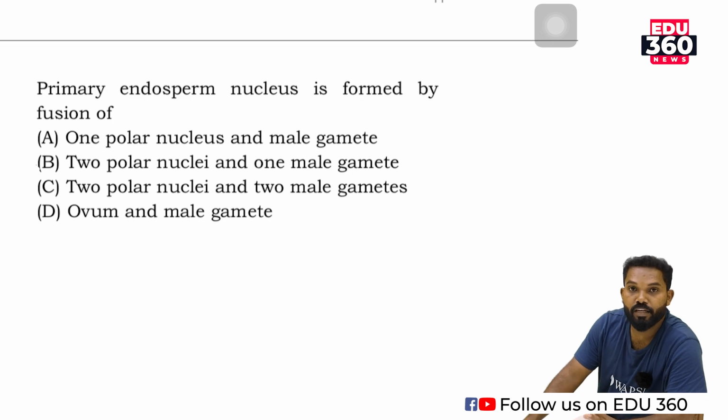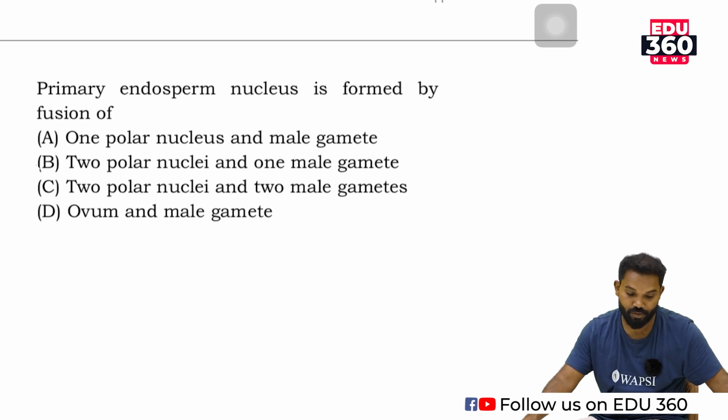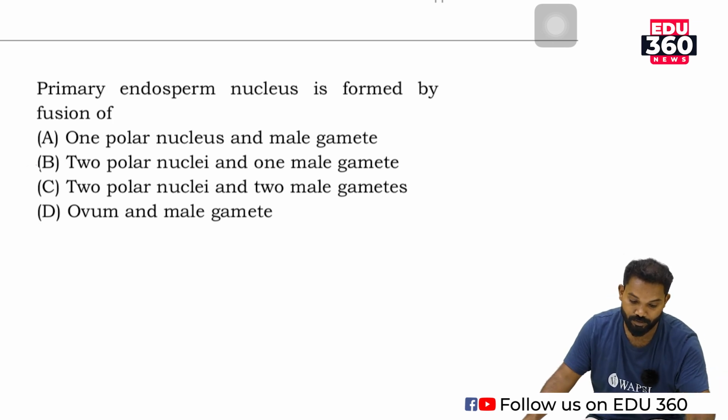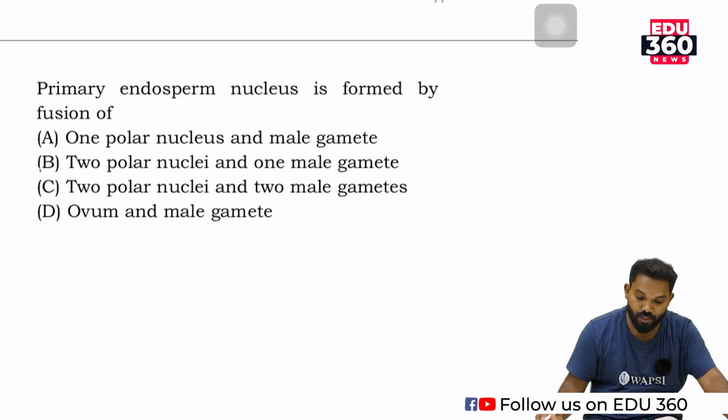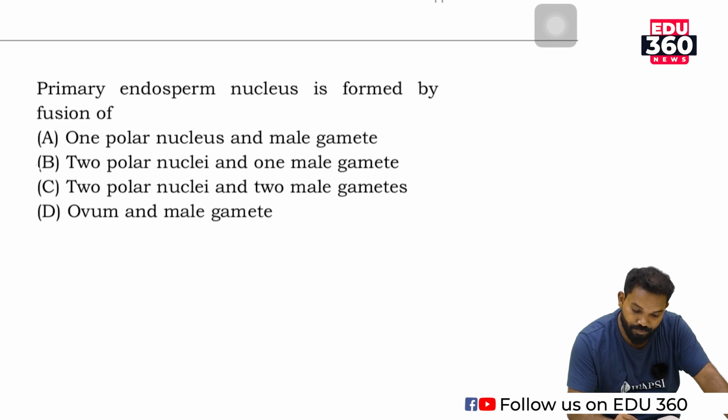The secondary nucleus fuses with the male nucleus to form a triploid primary endosperm nucleus. That triploid nucleus is then converted into endosperm. So the primary endosperm nucleus is formed by the fusion of two polar nuclei and one male gamete.